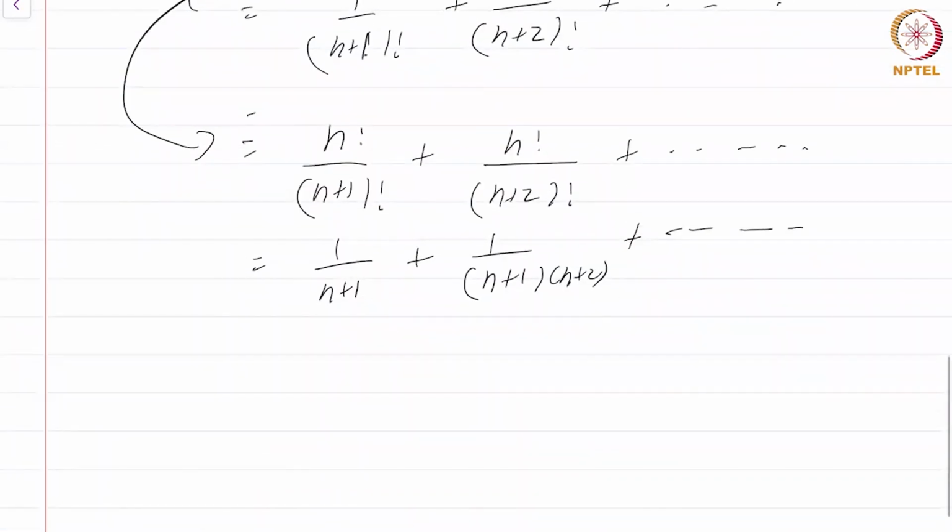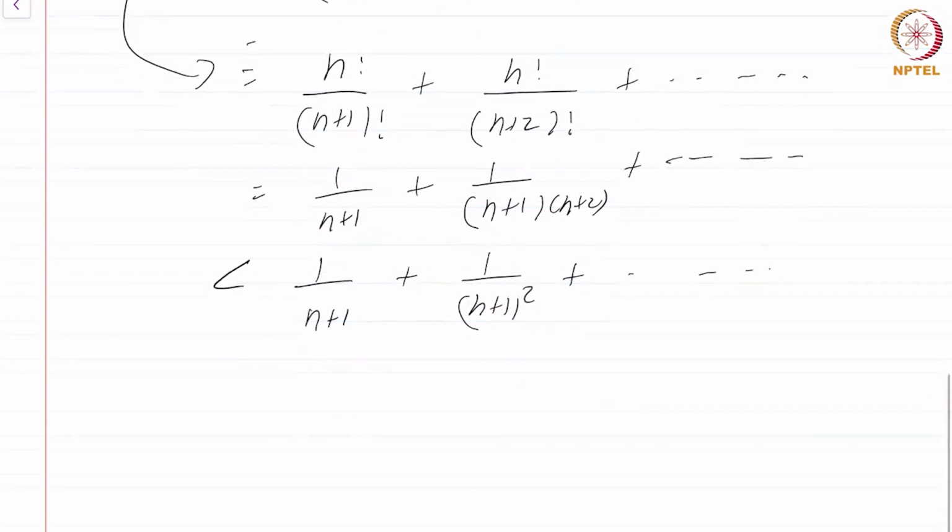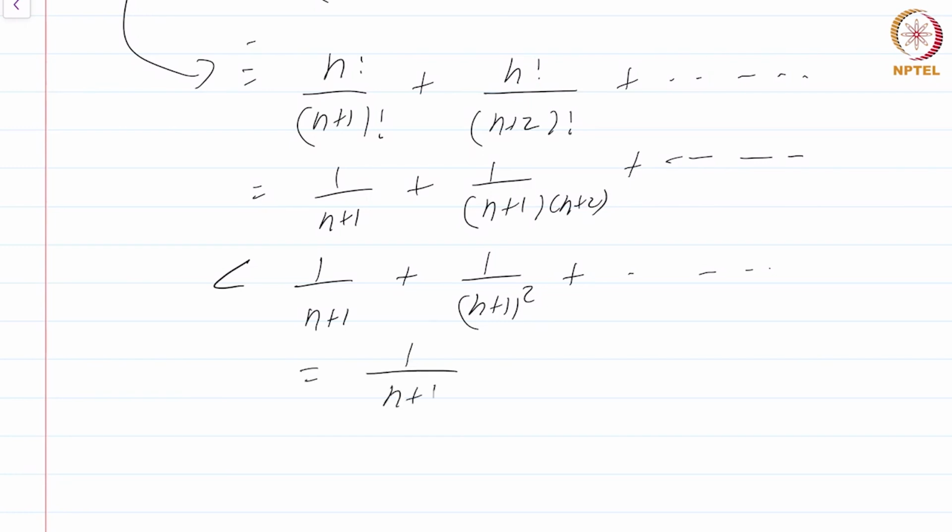Which is certainly going to be less than or equal to, in fact strictly less than, I can be more precise, less than 1 by n plus 1, plus 1 by n plus 1 squared, plus so on, which is a geometric series. So we have to compute the sum. This is in fact equal to 1 by n plus 1 divided by 1 minus 1 by n plus 1, right?